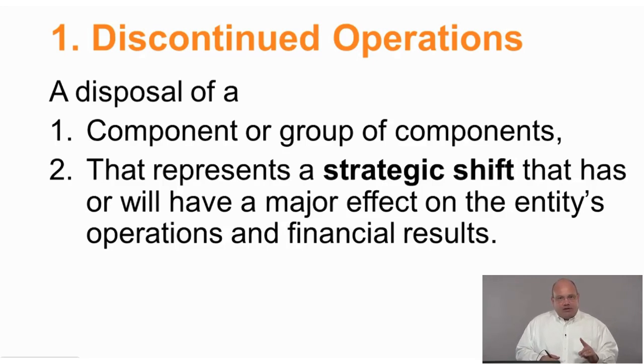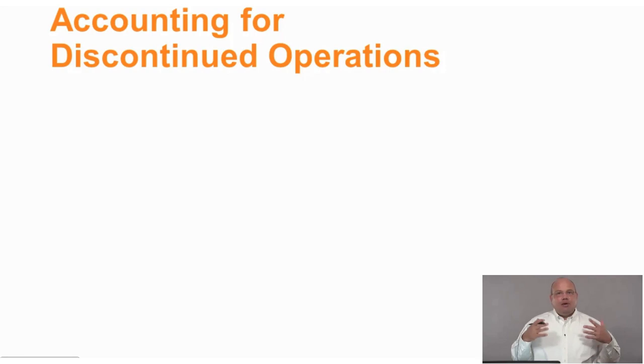So when we're talking about discontinued operations, we're talking about significant parts of the business. It's called a component or a group of components, but it's a strategic shift that will have or has a major effect on their operations and financial results. So that's what we're talking about with discontinued operations. So what we need to look at is, how do we account for discontinued operations?